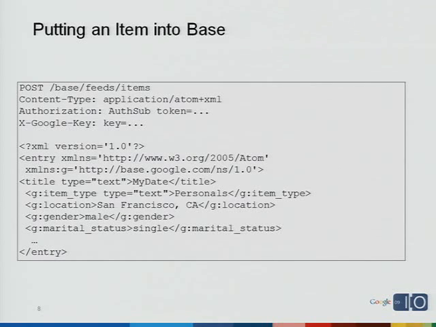You'll see here there's an Atom entry. It's got a title. It's got an item type, a location, gender, marital status. You see there's a lot of customizable, but also a lot of standard attribute data. I'm going to just mention this briefly. I'm an XML head. AtomPub, which is the basis for Google Data APIs, uses this term attribute.